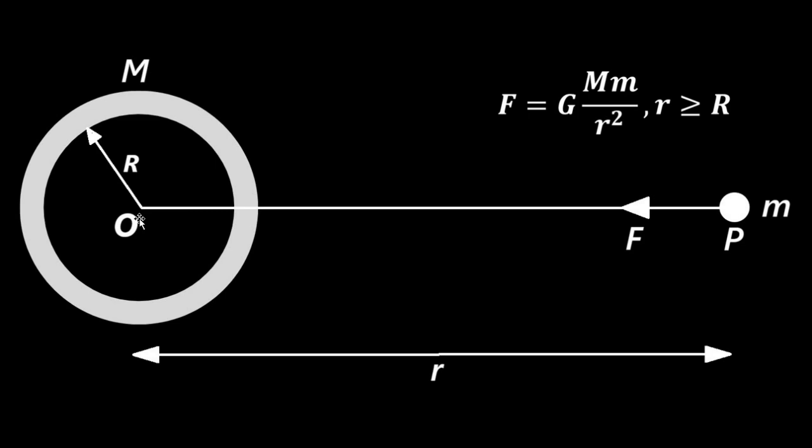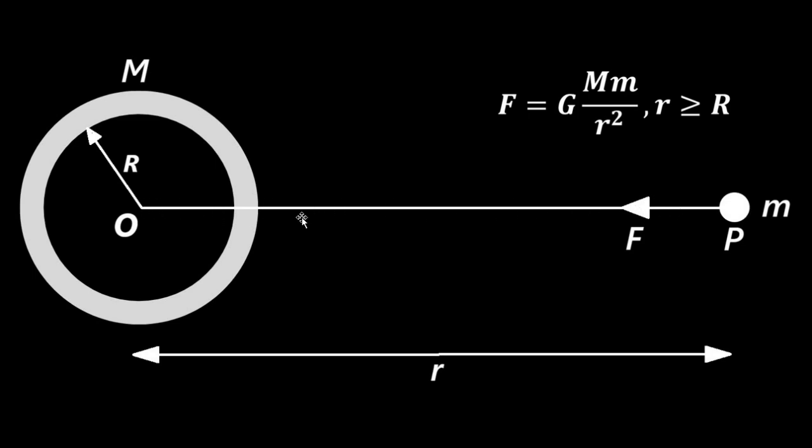That's why, for the point mass and the uniform spherical shell, the gravitational force of attraction attracts the point mass towards the center of the spherical shell, as if the entire mass of the shell is concentrated at the center. The gravitational force acts towards the center O of the spherical shell. If we join the force and this center by a straight line, they will be in the same direction.